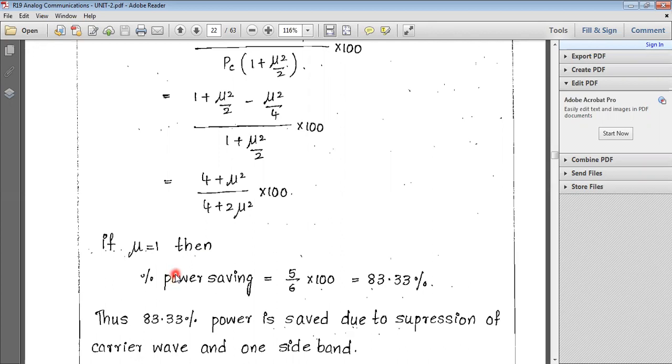So substituting mu as 1, the percentage power saving equals 5 by 6 into 100, which is 83.33%.